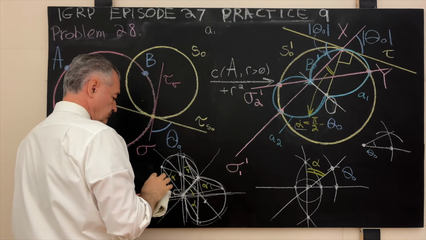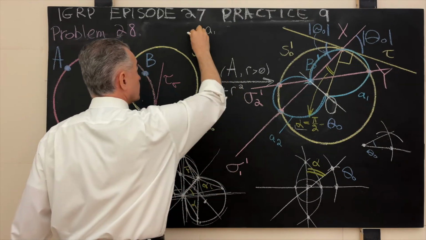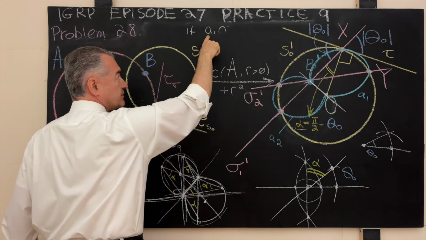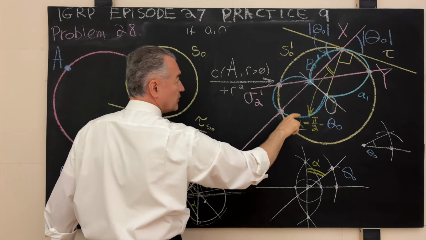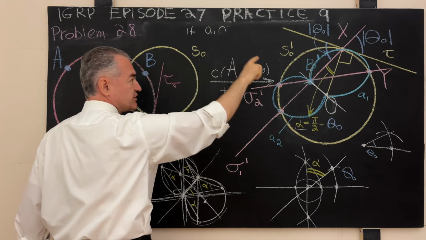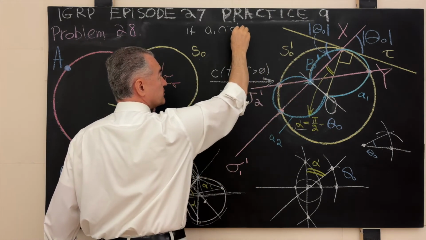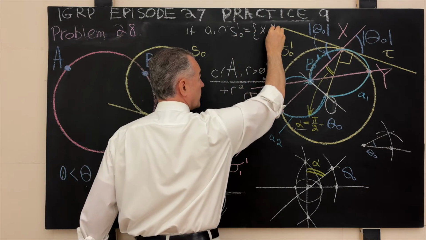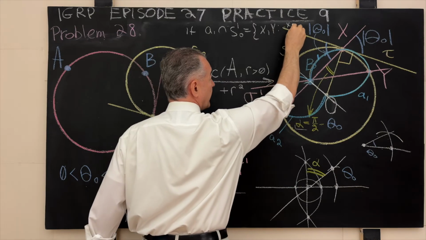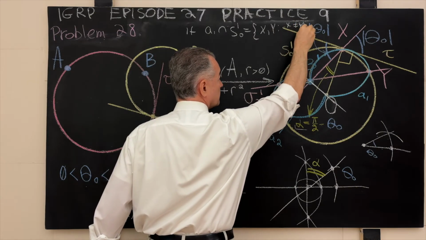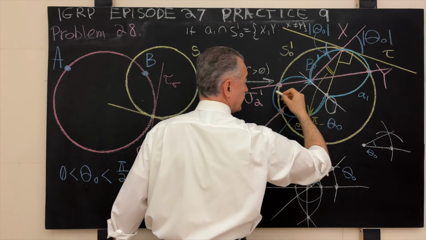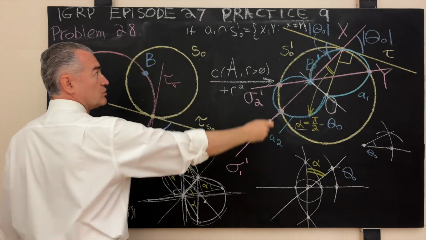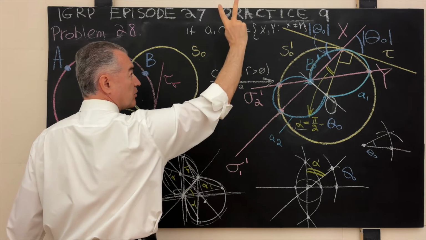So if we have a couple of if statements over here: if A1, the constant angle alpha circular arc A1, intersects the image circle S prime 0 at two distinct points x and y such that x is not equal to y, and such a configuration is shown over here on the right side of the board, then we know right away that this problem has how many solutions?